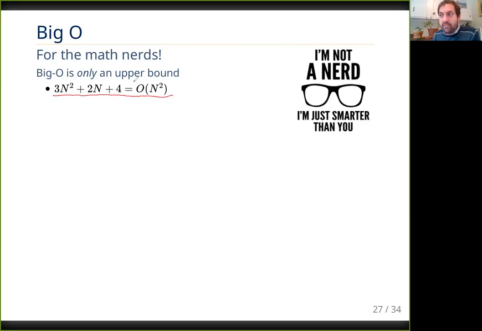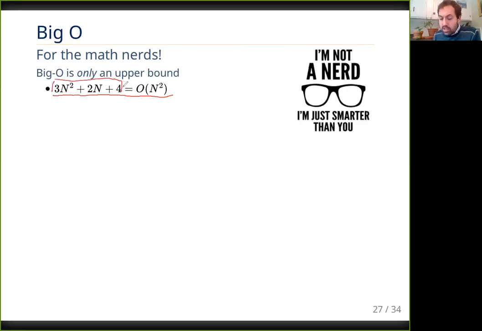We can find a coefficient C and a constant value n0 to demonstrate that 3n squared plus 2n plus 4 is in fact big O of n squared, because we can find a coefficient C and a value n0 that makes this function be an upper bound. But it's not the only upper bound of this function.